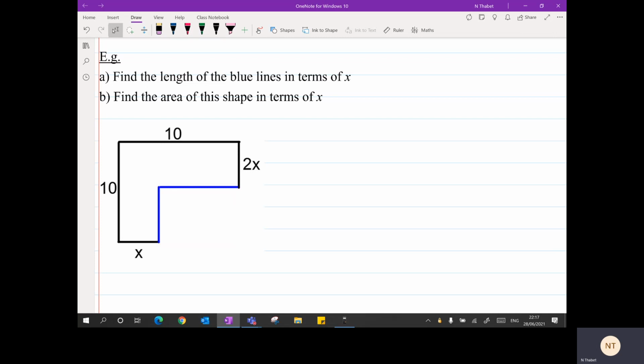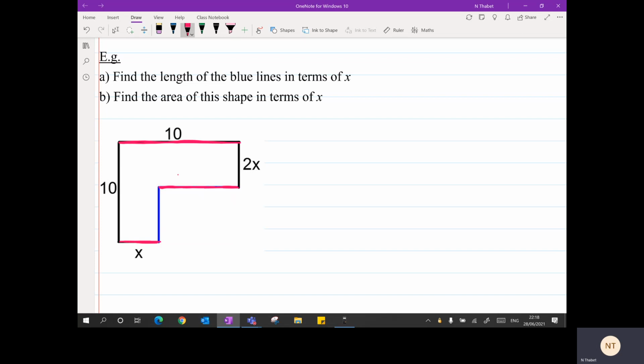They don't just have to give you rectangles, they can give you trapeziums, triangles, complex shapes. So this is an L shape. My first question was find the length of the blue lines, but in fact I might make one of them pink and one of them blue. The pink is the horizontal line, and it continues the x, and altogether it's a 10.